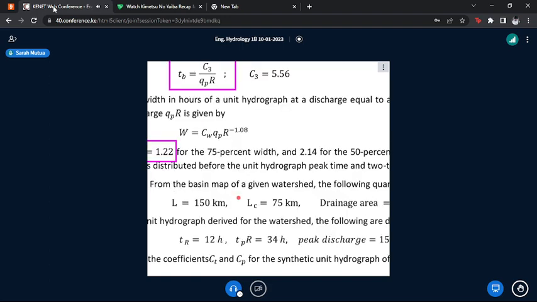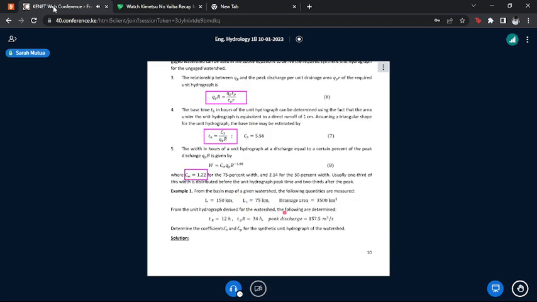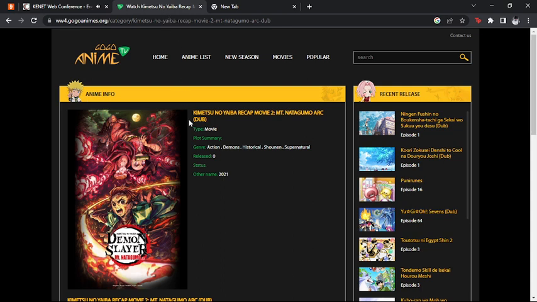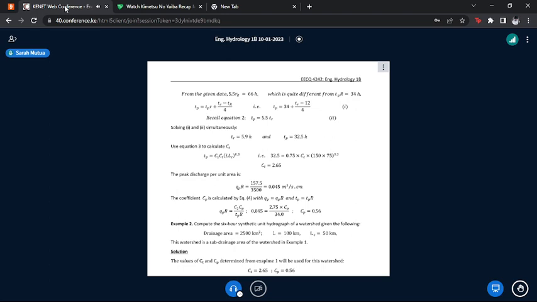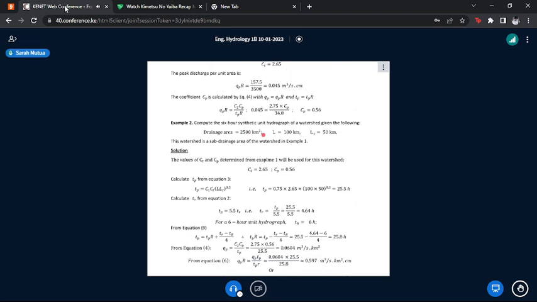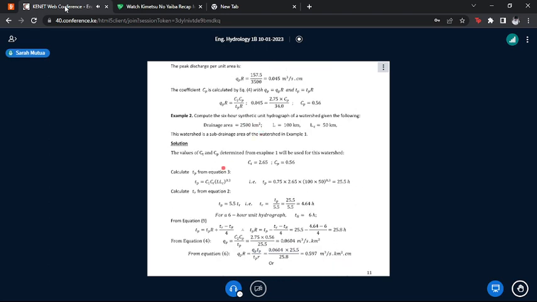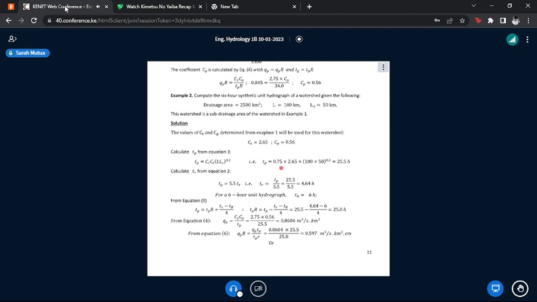In the second example, this will require application of equation 5, and the other equation is equation 4. In example 2, we go further and actually develop the hydrograph itself.